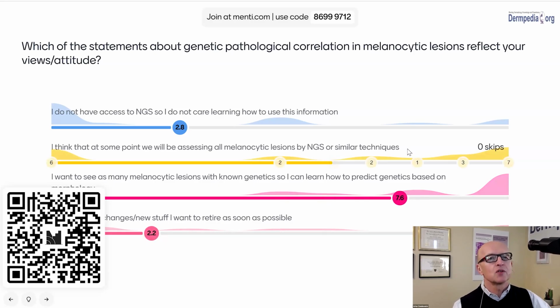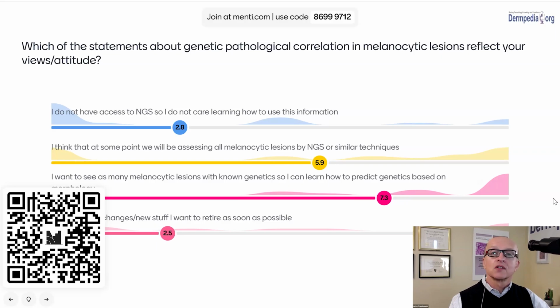That's why my answer to statement number 3 maybe reflects the group that doubts that we will be assessing all melanocytic lesions using genetics.